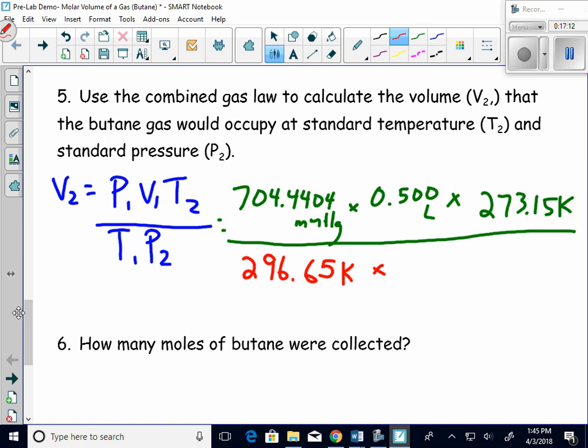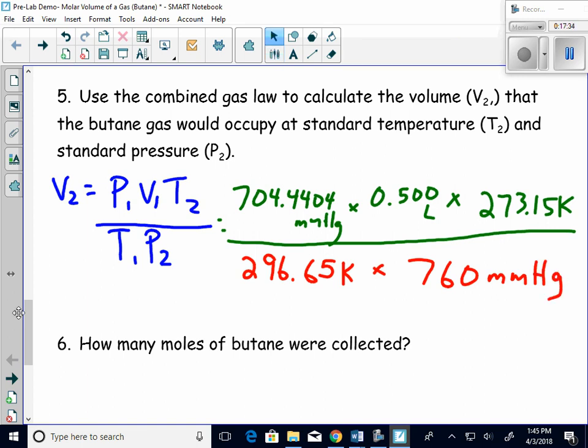What was the pressure that we calculated for the top one, P1? Look at that label. It's in millimeters of mercury. So I have to know the millimeters of mercury. Well, I just so happen to know that at standard temperature and pressure, standard pressure in millimeters of mercury is 760.